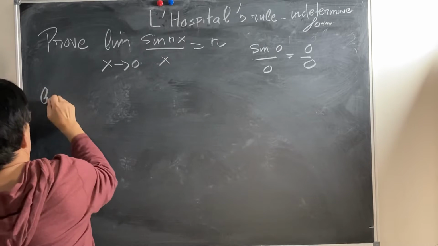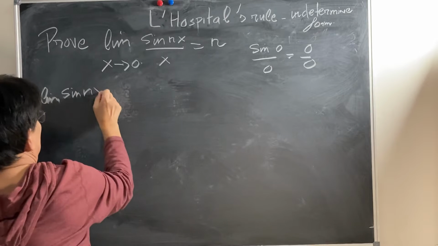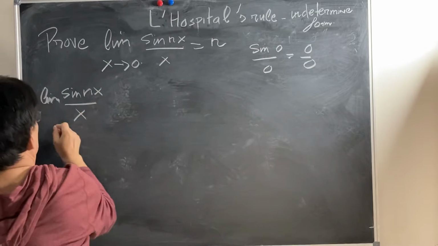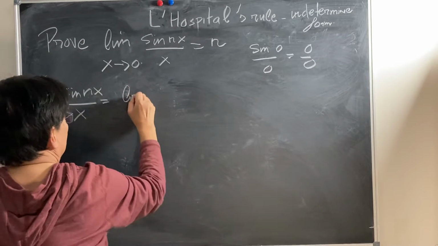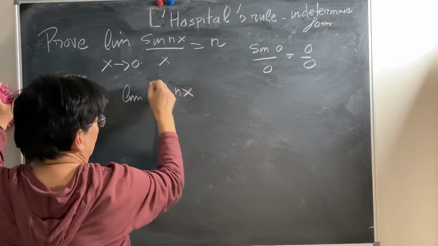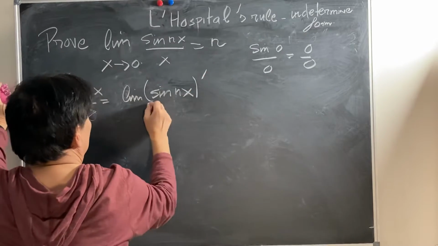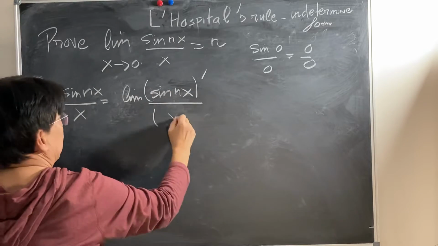So the limit of sine nx over x as x goes to 0 will be equal to the limit of the derivative of sine nx over the derivative of x.